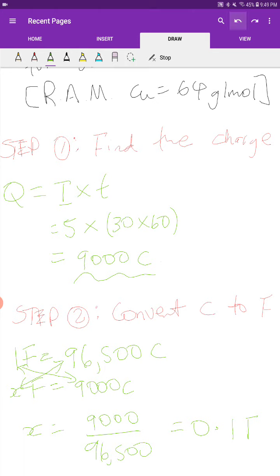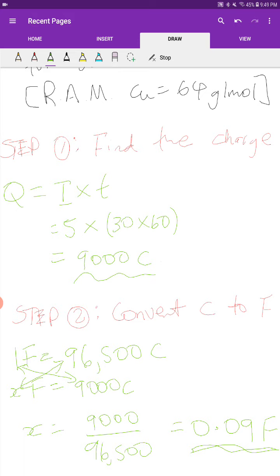As a matter of fact, let's use it to 2 decimal places, 0.09 Faradays. Okay? Work with more decimal places for a greater degree of accuracy.